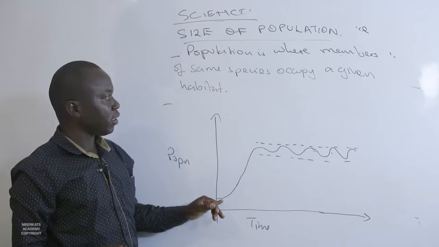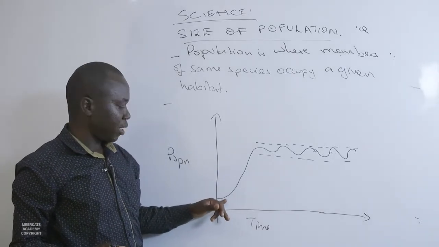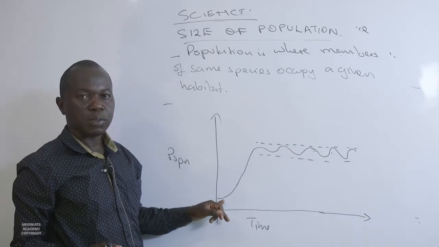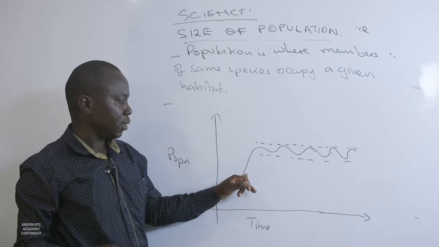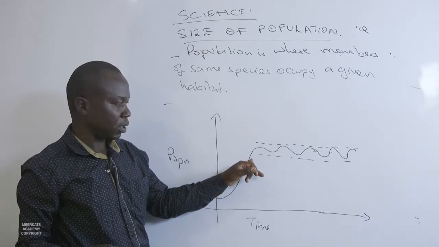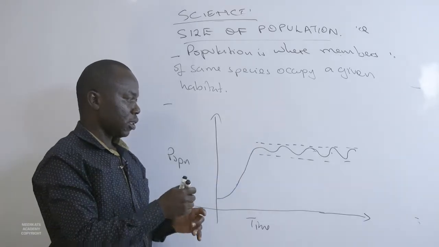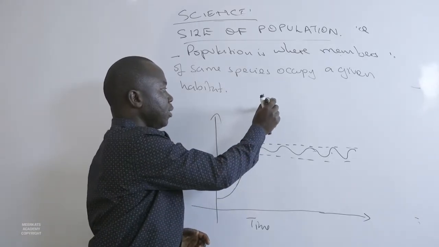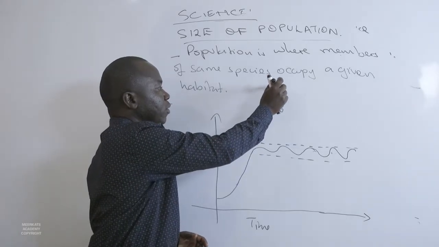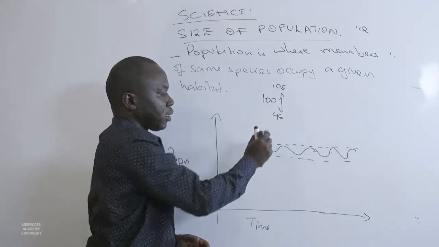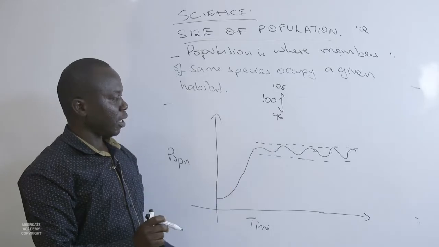Maybe there were fewer elephants. If you are going to use that example, there were fewer elephants. There was enough food supply. They were able to adapt to the ecosystem, and then they started reproducing. There was an exponential increase. But it reached a time, the elephant population, if maybe there are 100, it oscillates. It goes up, down, maybe it comes down to 96 within that range, and it continues like that.